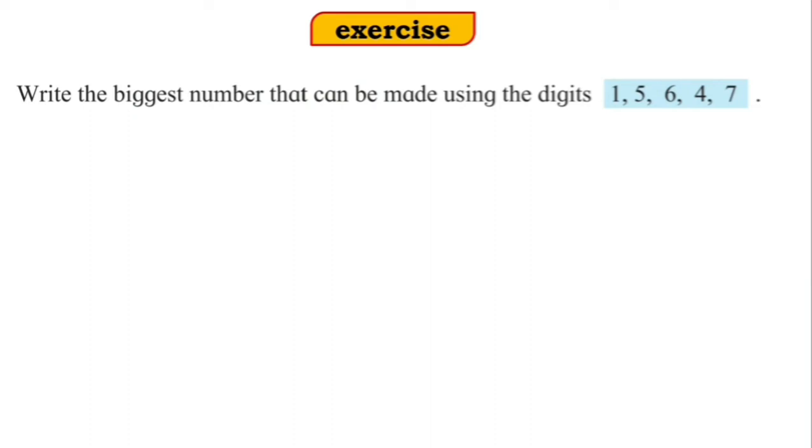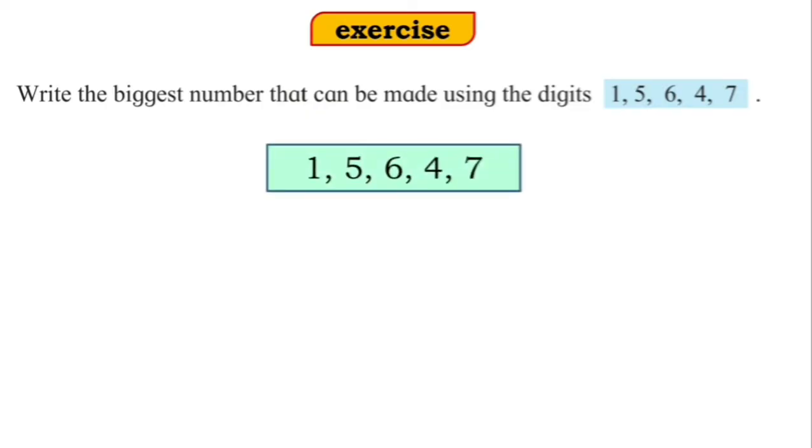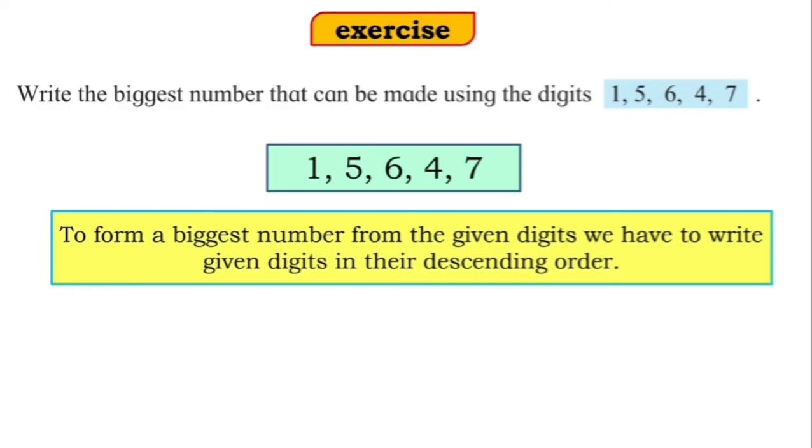Write the biggest number that can be made using the digits 1, 5, 6, 4, 7. So children, here we have to make biggest number using given digits, and the given digits are 1, 5, 6, 4, 7. To form a biggest number from the given digits, we have to write given digits in their descending order.